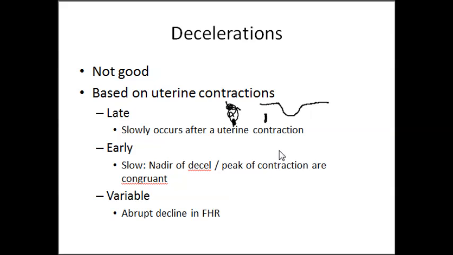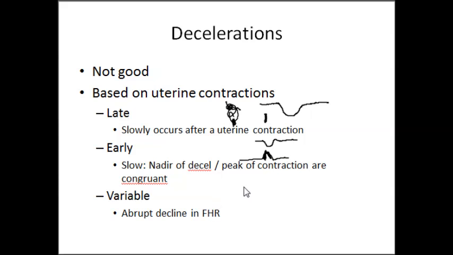An early deceleration would be, here's our uterine contraction, baseline, trough, baseline. So the nadir, or the lowest point of the deceleration, and the peak of the contraction are both lined up at the same time.